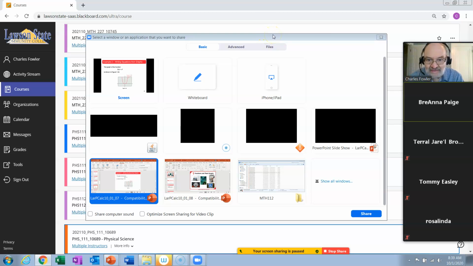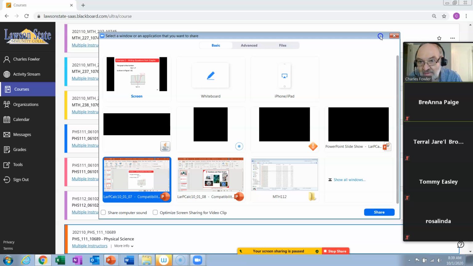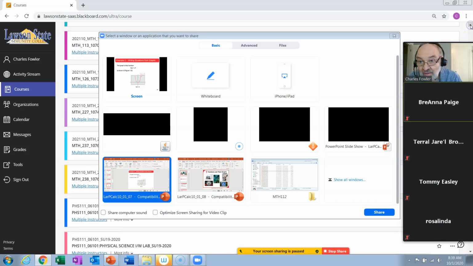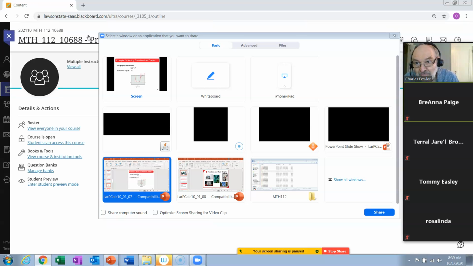Let's see. There's just too many moving parts here, and the slide I want to show is not showing up. So let me scoot this over a bit and go up here and find, okay, here we are. What I'm doing, I'm getting to our page in Blackboard.